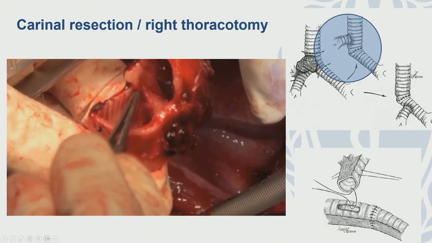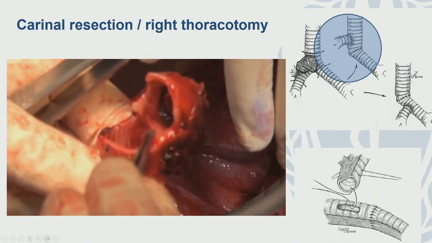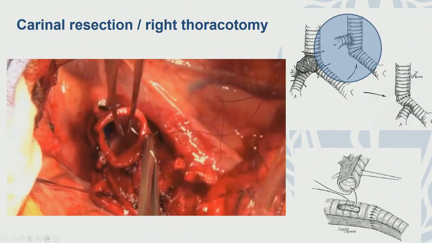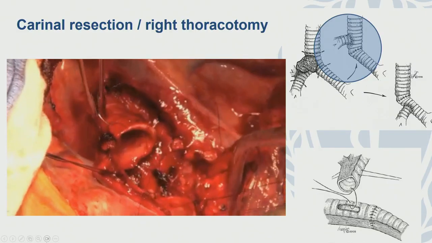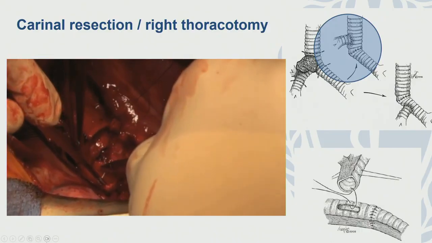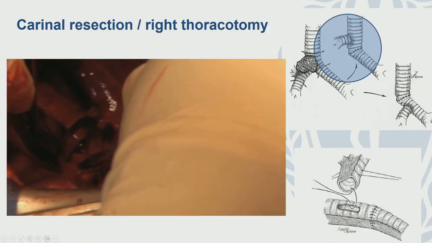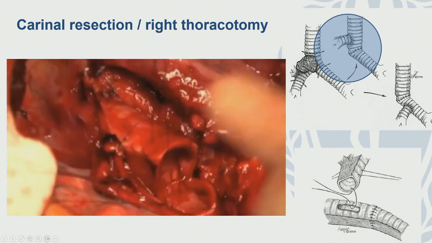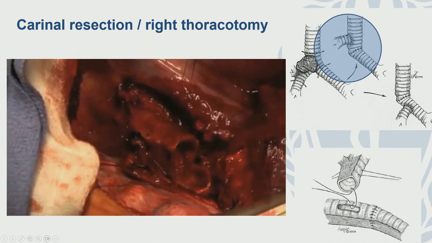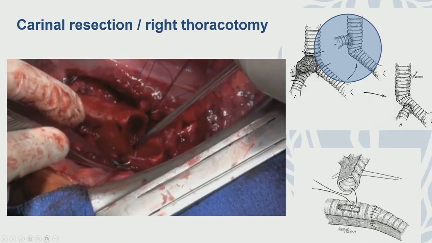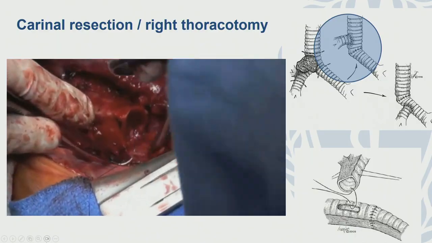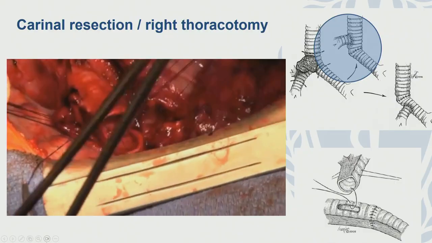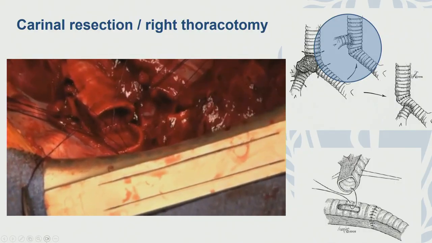This is the carina with the tumor at the origin of the bifurcation. We're starting the suture between the left main bronchus and the trachea, a usual tracheal suture. We're using running suture on the more distal part of the anastomosis from the surgeon, and complete the anterior part with interrupted sutures.